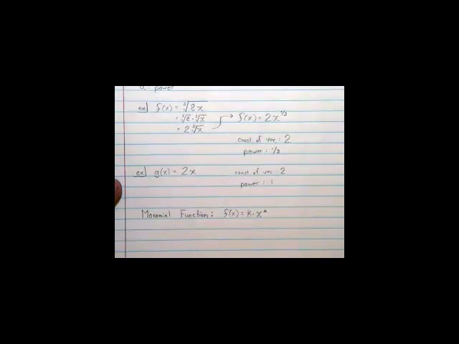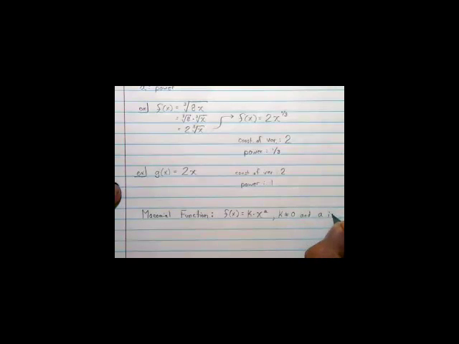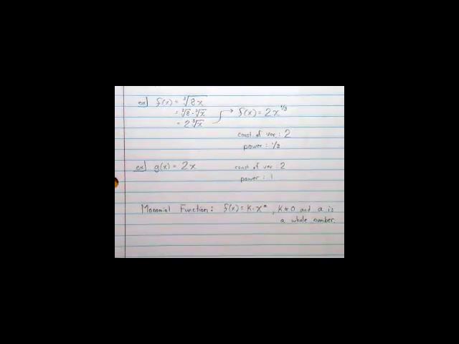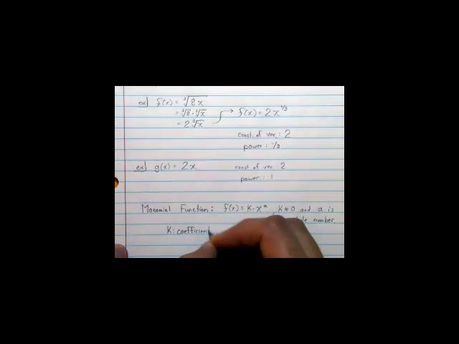The only difference is with this one, k is not equal to 0 and a is a whole number. And that k has a different name. When it's a monomial, we call it a coefficient, which you've heard before. And then a is still the power.